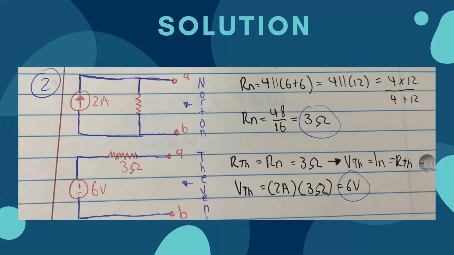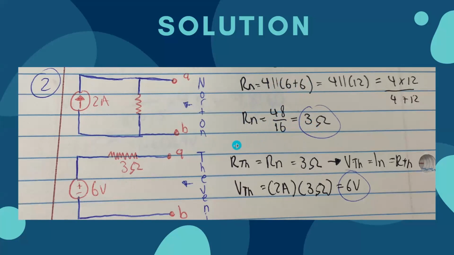Then we look for the Norton resistance. For this, we use the parallel of the 4 ohms resistor with the two resistors that we have before, which have a value of 6 ohms. All this gives us that the Norton resistance is equal to 3 ohms.